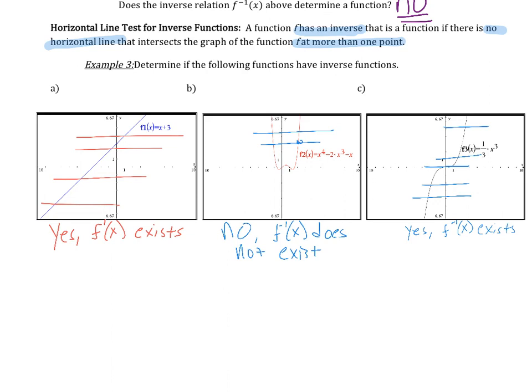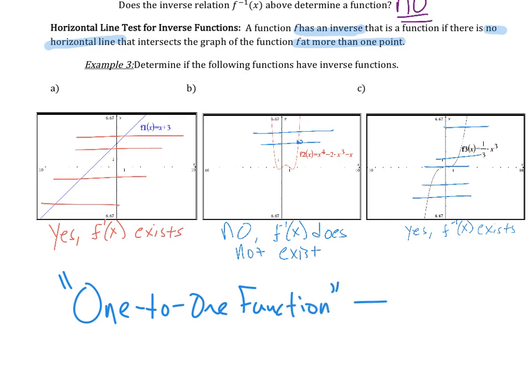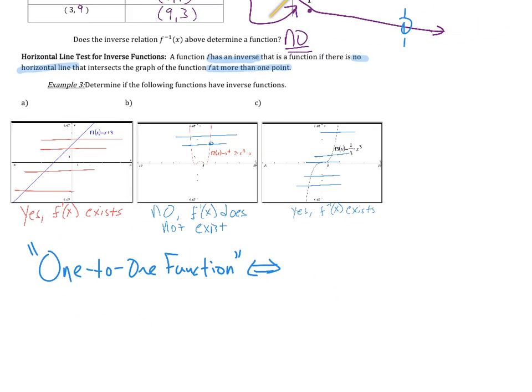And one last thing here, it's equivalent to say, is a function one-to-one. So saying a 1-to-1 function is equivalent to saying, does it have an inverse? Or we might say f inverse exists.